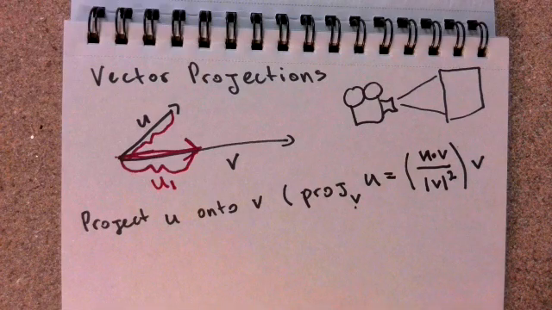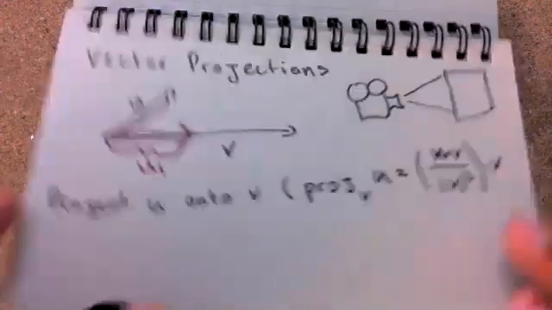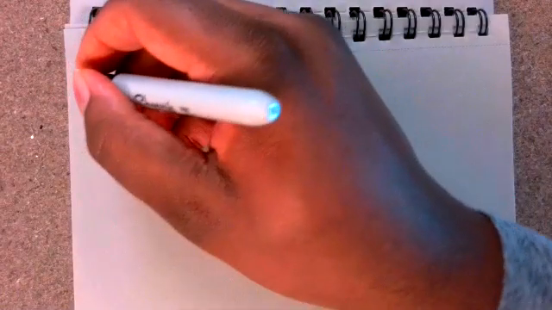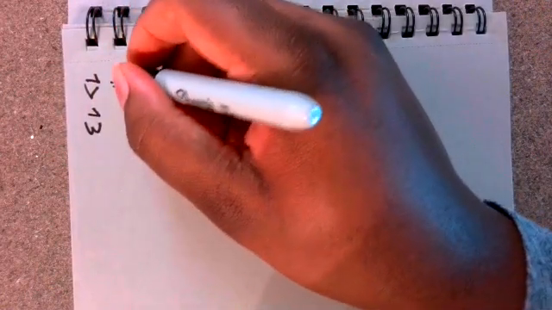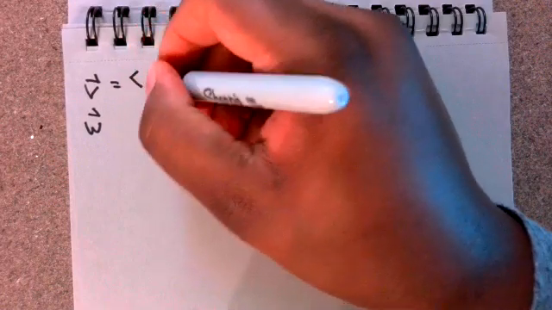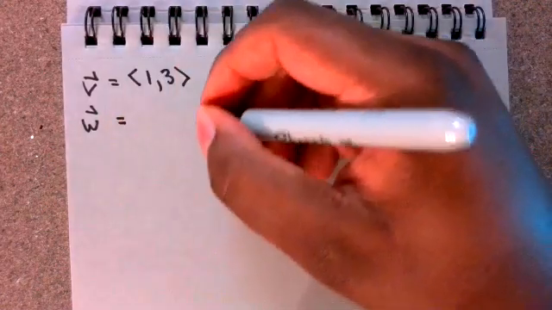So let's assume we have the two vectors v and w, and let's say that v is 1, 3, and let's say that w is 1, 1.